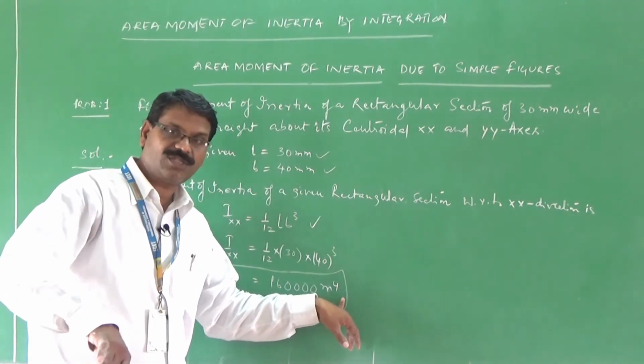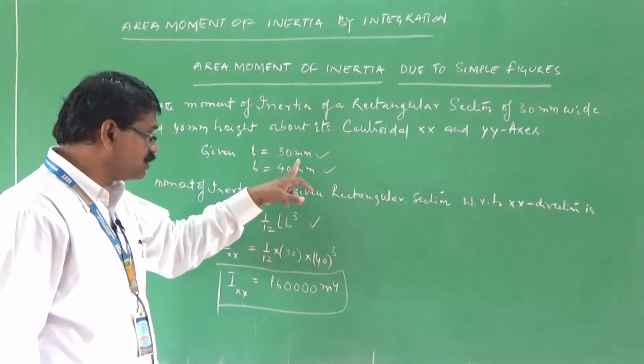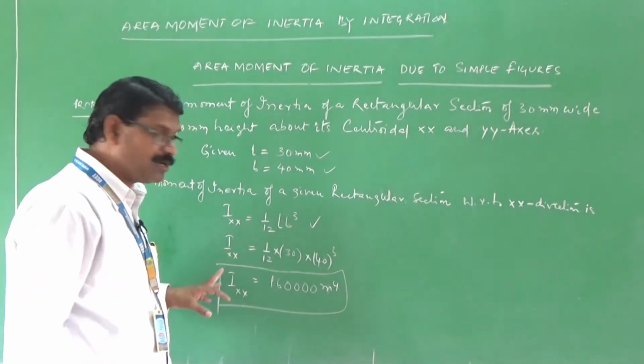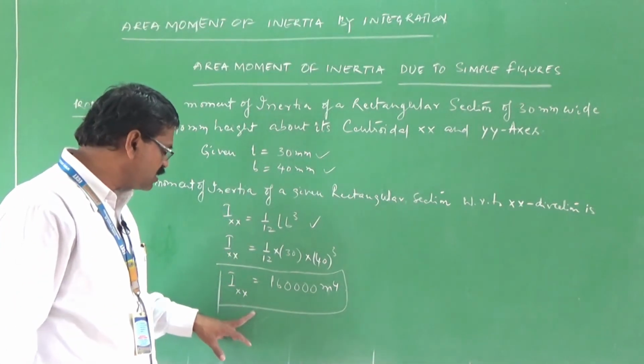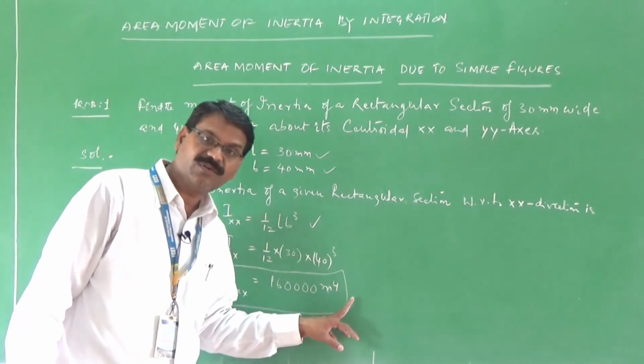As we have given both the values in mm, that means millimeters, we get the moment of inertia with respect to xx direction: Ix is equal to 160000 to the power of 4.